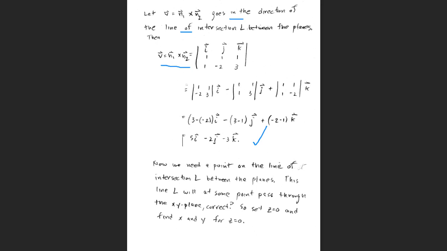So the line, I can just mention this, the line that we're looking for, the line L, is parallel to the vector with components 5, -2, and -3. No doubt about it.